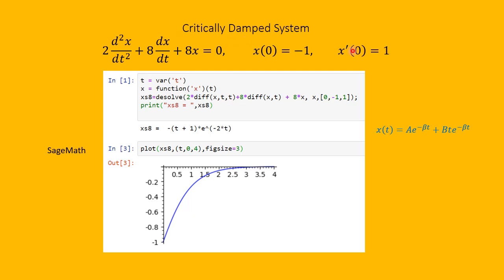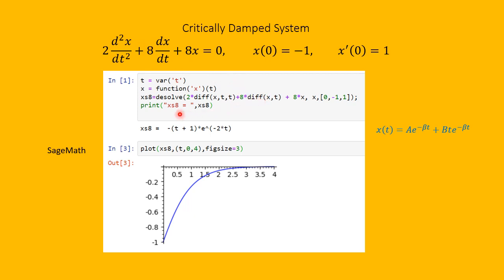Same initial conditions as we had before. Here we have the program that calculates the solution and prints the solution, very much like the ones we saw before, only we have a different term right here with a coefficient of 8 instead of whatever it was for the other one.